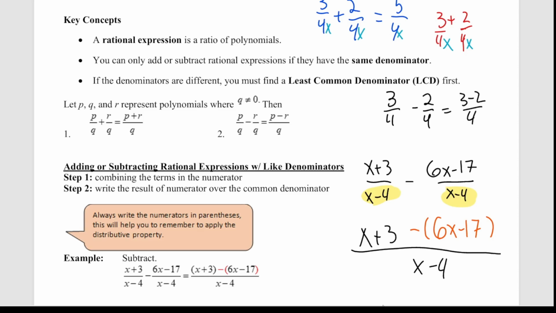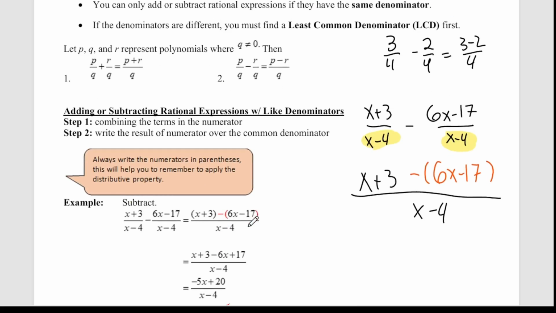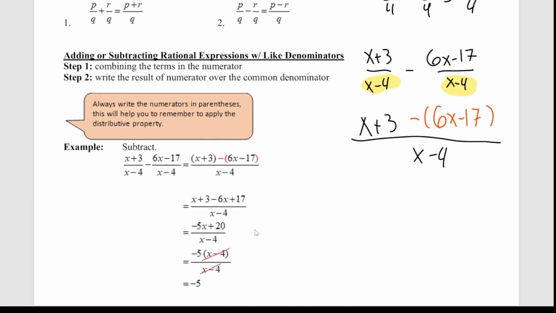Same idea here. But since we have parentheses for what's being subtracted, we're going to distribute that subtraction to both terms. So we're going to be subtracting 6x, and then minus a negative 17 becomes adding 17. Drop down everything else. The only thing we still have to do is simplify the numerator by combining like terms.